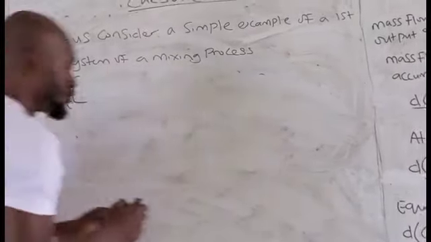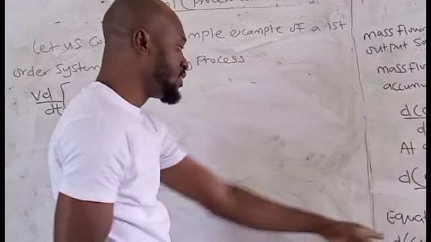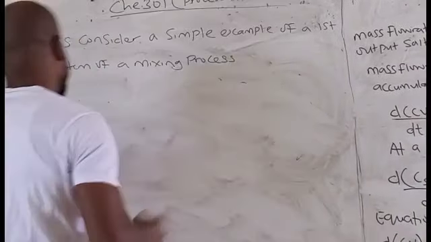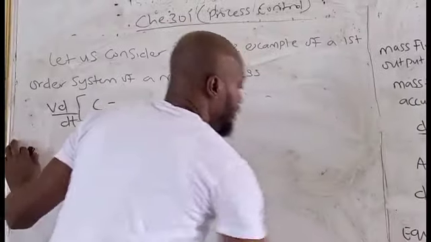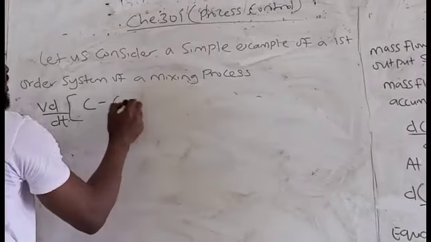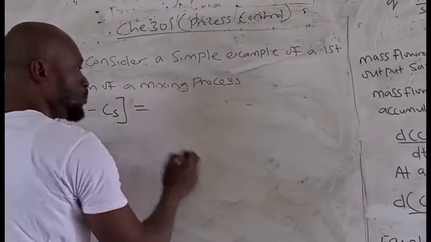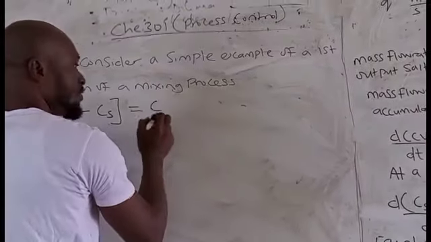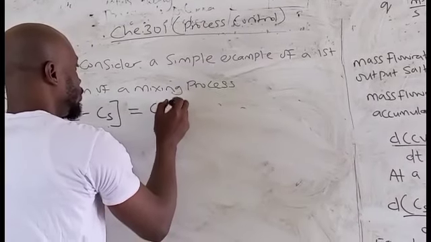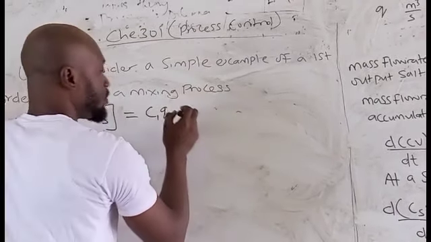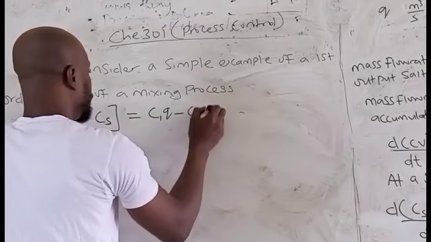If you remove V d over dt, you're going to have c minus, the same thing here, you're going to have c_s. So it's equal to c1 Q minus c0 Q.